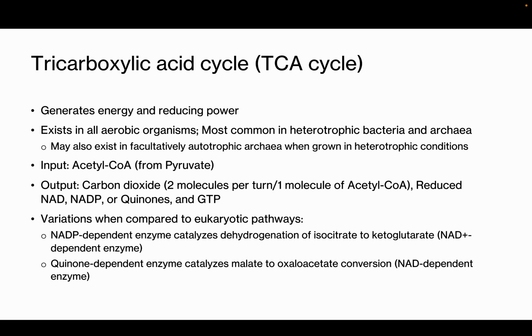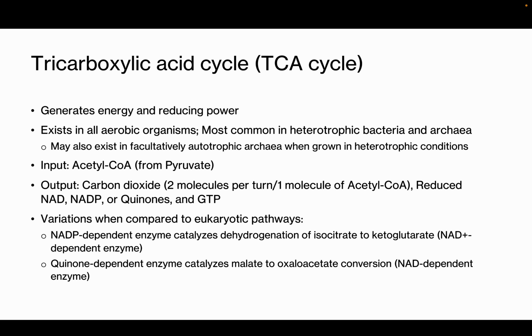The primary input is acetyl-CoA, which is derived from pyruvate. So once pyruvate is converted to acetyl-CoA, then acetyl-CoA will enter TCA and will allow for the pathway to turn cycles. The output for the TCA cycle includes carbon dioxide, where two molecules of it are produced per turn.